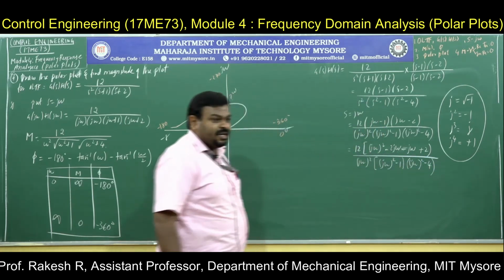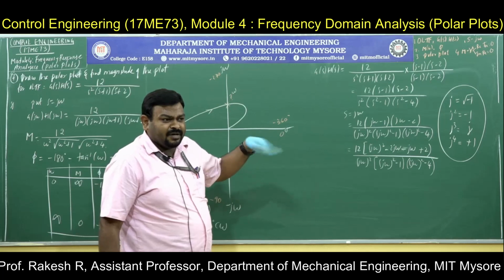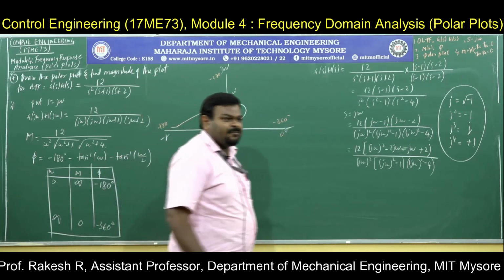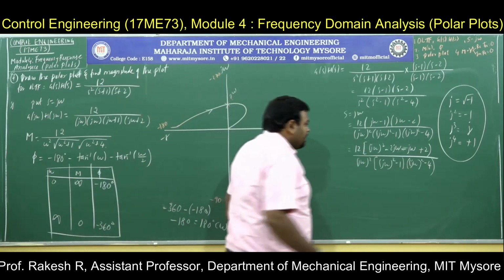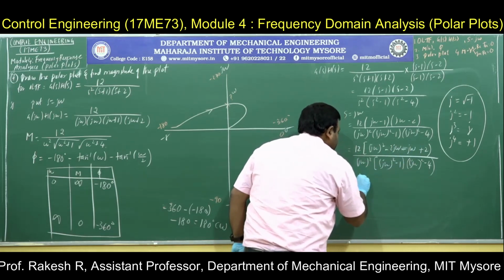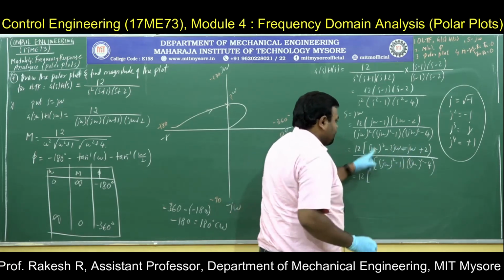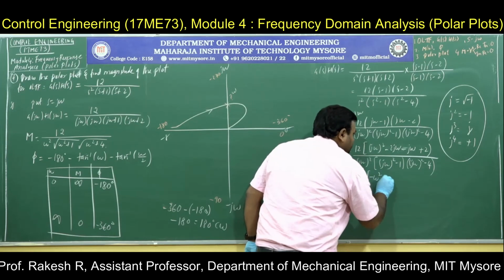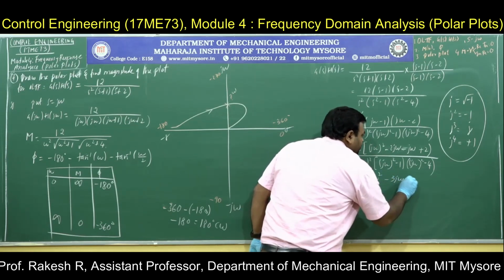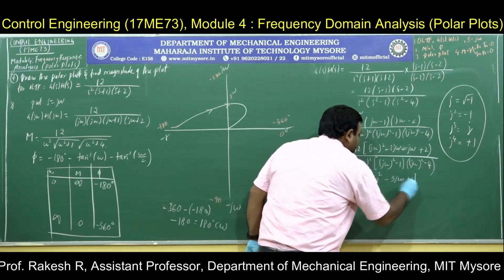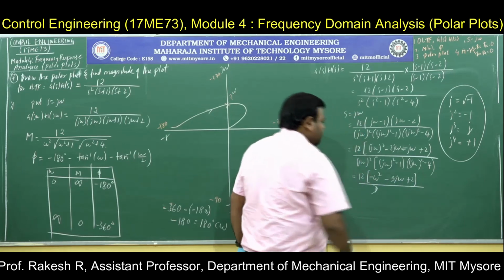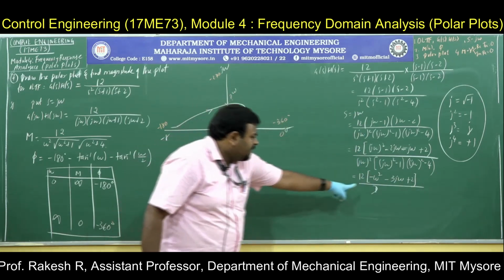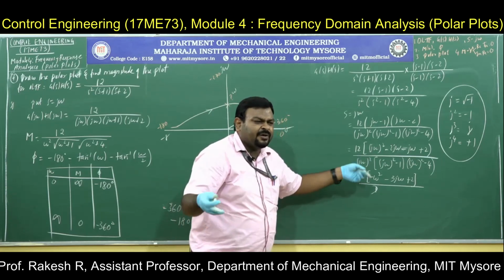Right now I am not worried about the denominator because the denominator part is converted to a real one, and this you can divide. I will take just the numerator. So 12 into j square is minus 1, minus ω square minus 3jω plus 2, divided by the same denominator. Why am I writing the denominator? Because you need not carry this function.